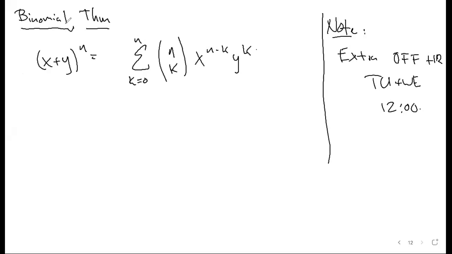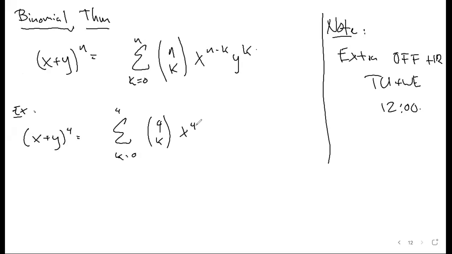Let's see an explicit example of this. x plus y to the fourth, according to the binomial theorem, is the sum from k equals 0 to 4 of 4 choose k, x to the 4 minus k, y to the k.